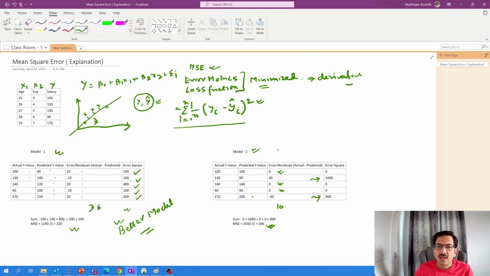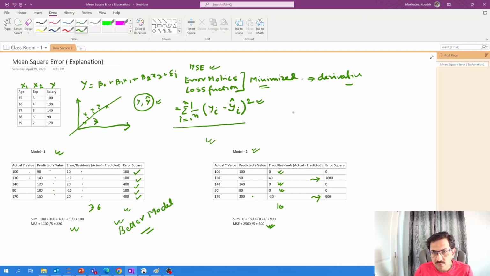So these are the things we discussed about mean square error. Another thing is why we are squaring it. Instead of a square, why not use the power of 4, 6, or 8?